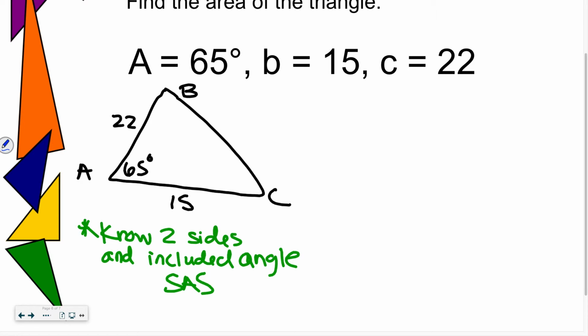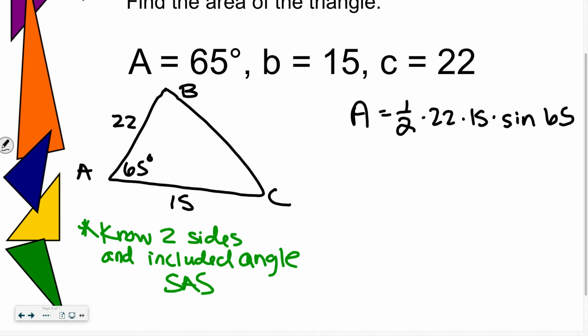And so I use my formula we just talked about. The formula is just 1/2 times the two sides, so times 22 times 15 times the sine of the angle. So sine 65. And I just type it in, get an answer.